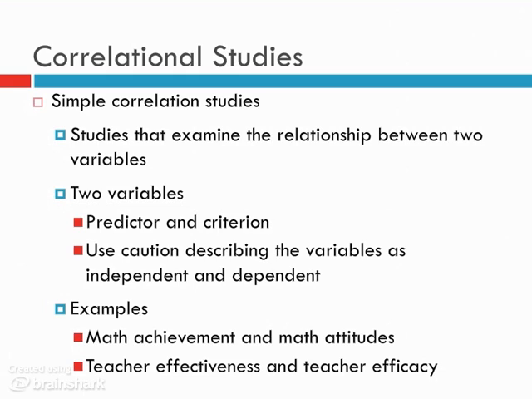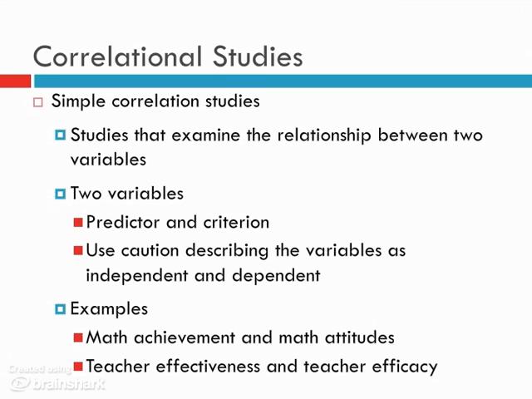Correlational designs are similar to comparative designs, except that correlational designs look at directionality. In a comparative design, the slide we looked at before, we said that if scores for males are higher than those for females, then there's some sort of relationship. With correlational designs, we look at directionality with those relationships.